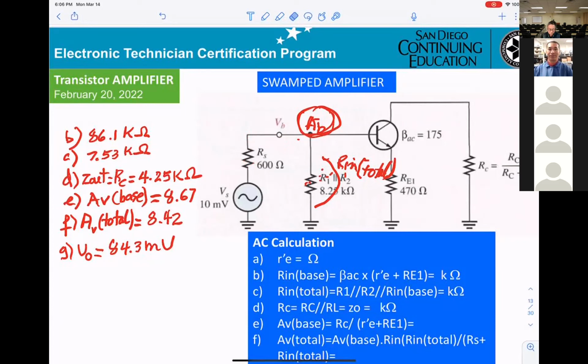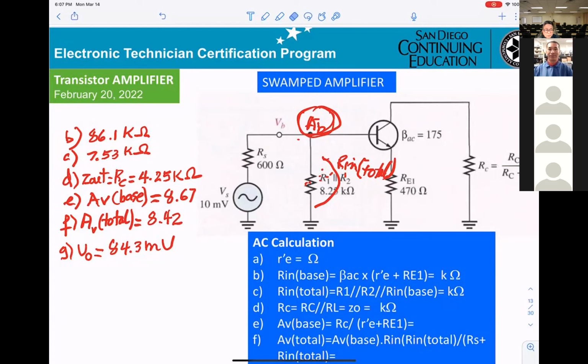You'd have to know that the value of that 600 ohm resistor is failing, and make up for it in the calculation.